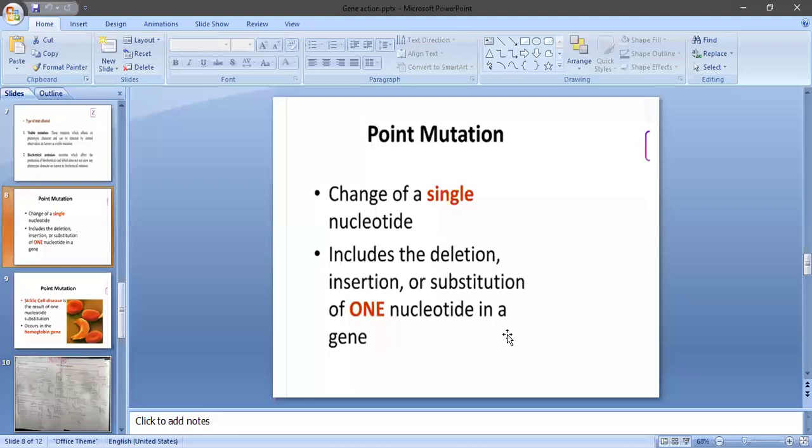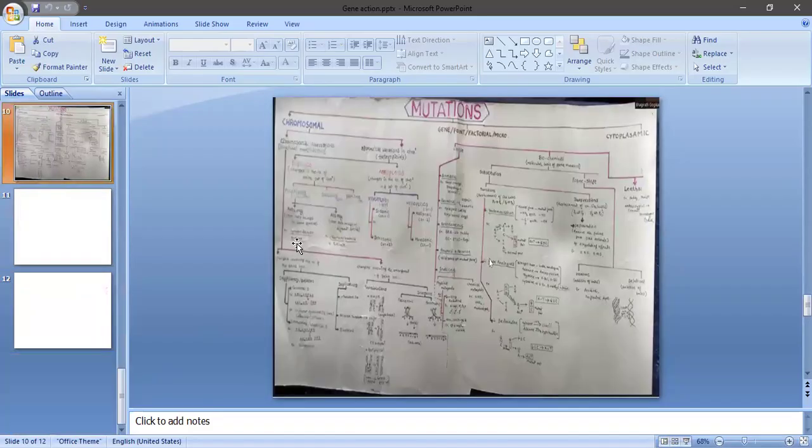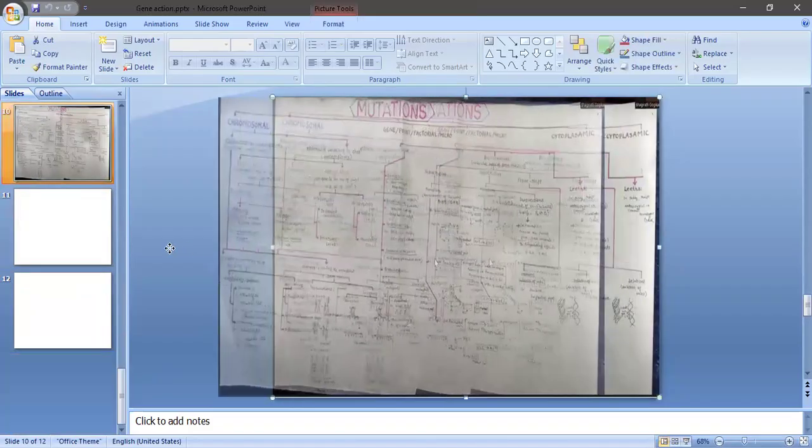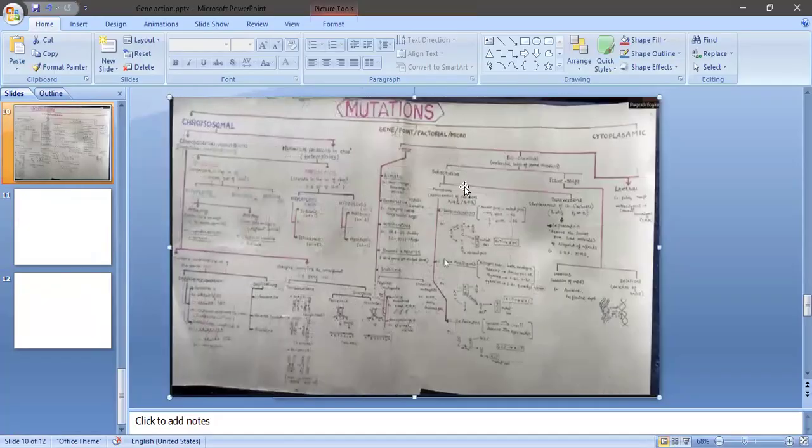These substitution mutations are again classified into two types. The substitution mutations are broadly divided into two types: one is transition, another one is transversion.